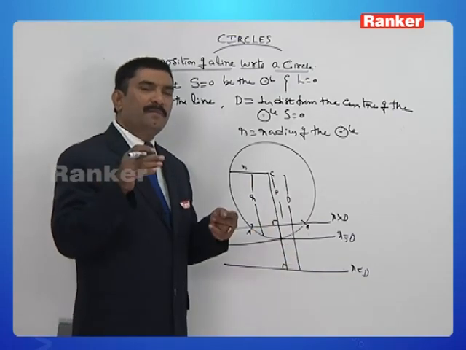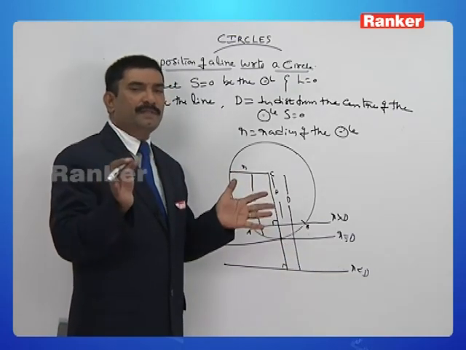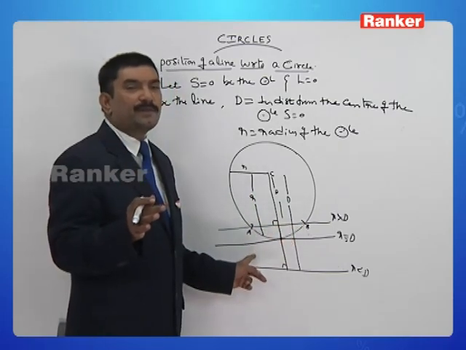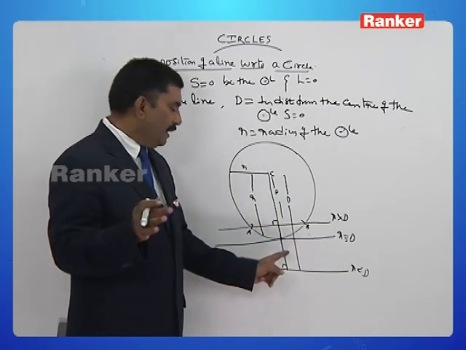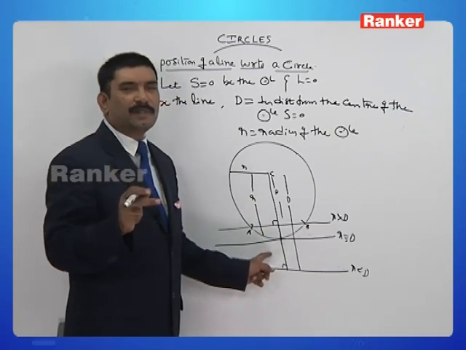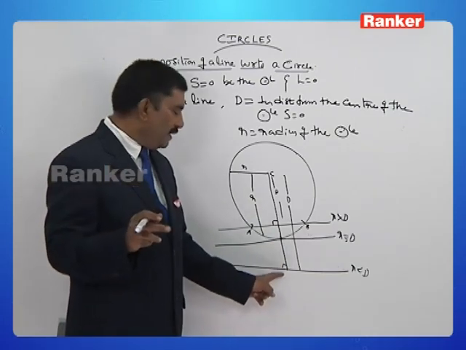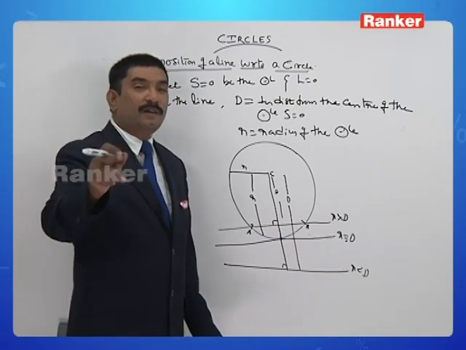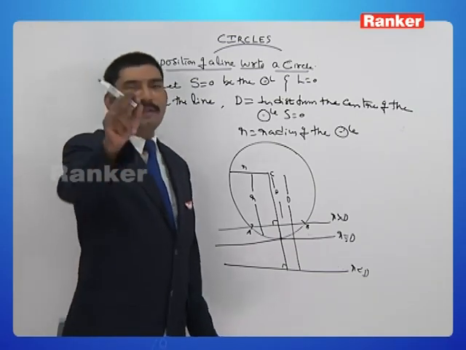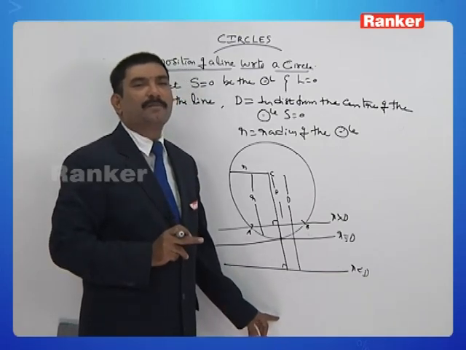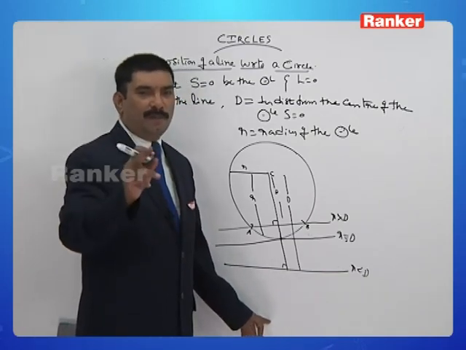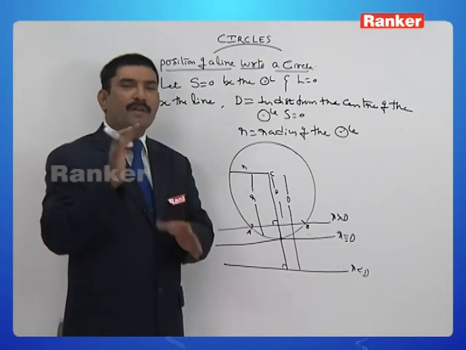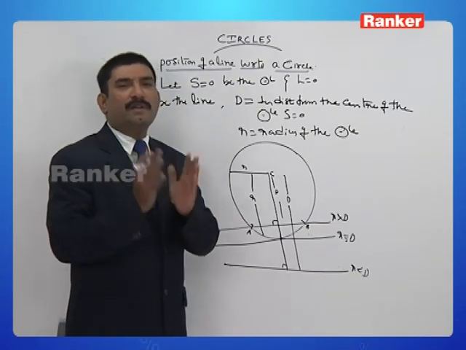So when the line cuts in 2 points, roots are real and distinct. When the line touches, roots are real and equal. When the line neither touches nor intersects, the roots of the respective quadratic equation will be imaginary. In the next class, we shall understand the nature of a line and a circle.